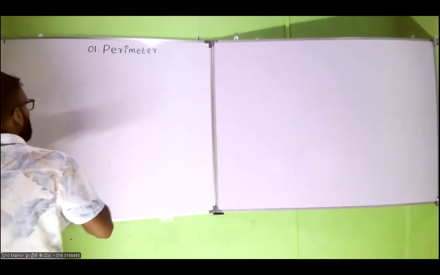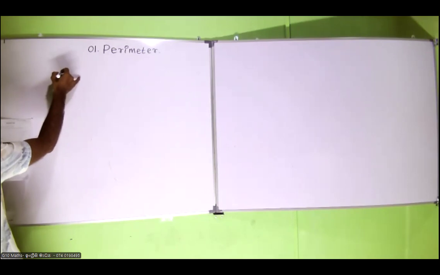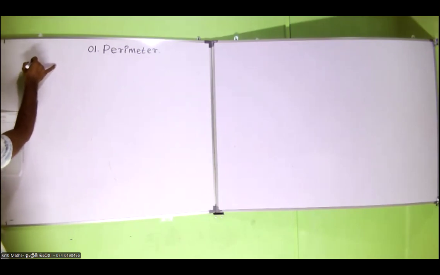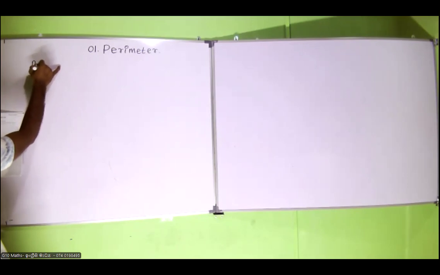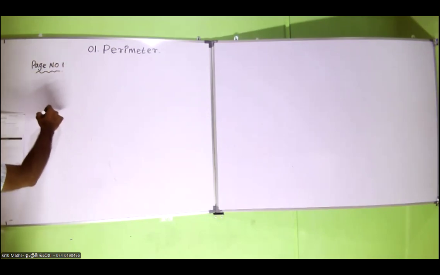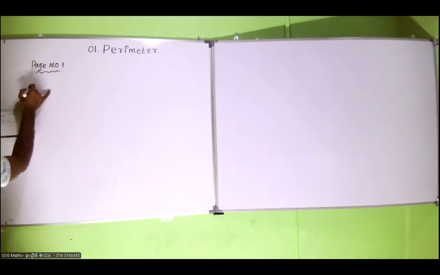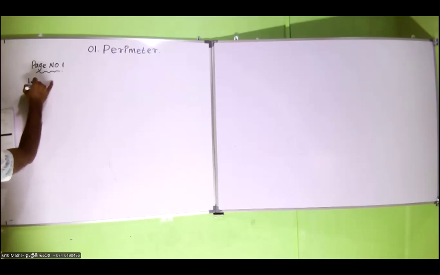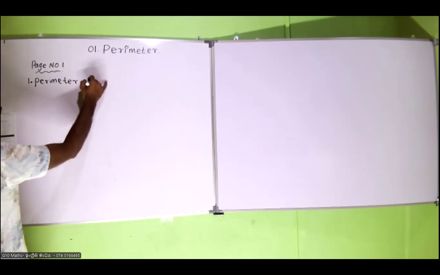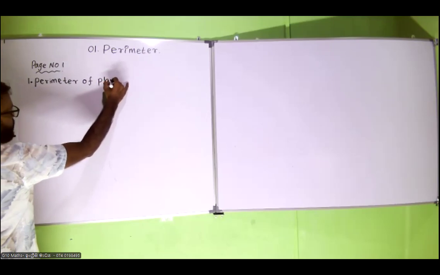First thing is rectangle. So this is page number 1, and the first subtitle, perimeter of plane figures.